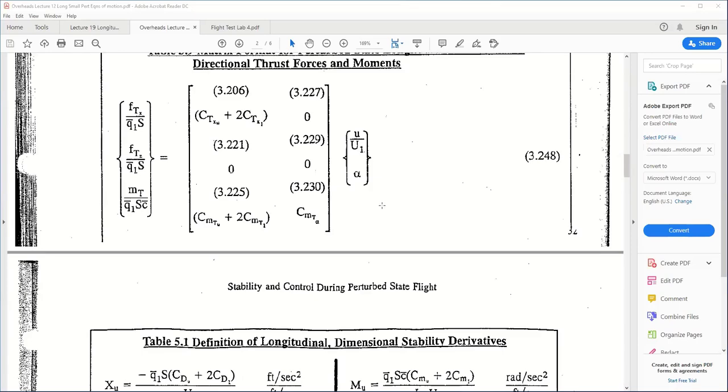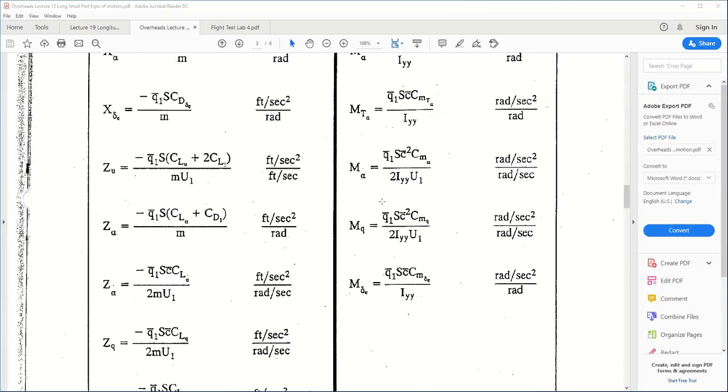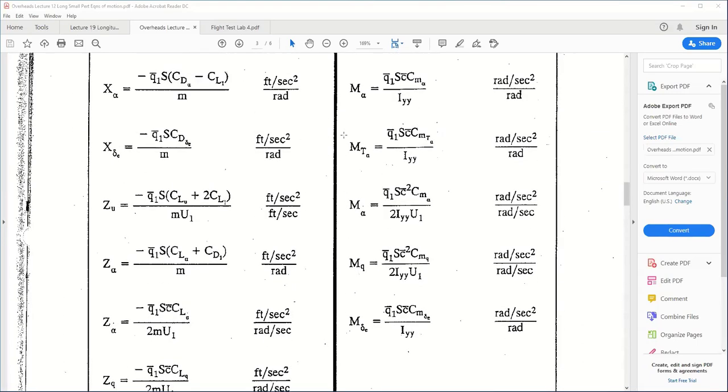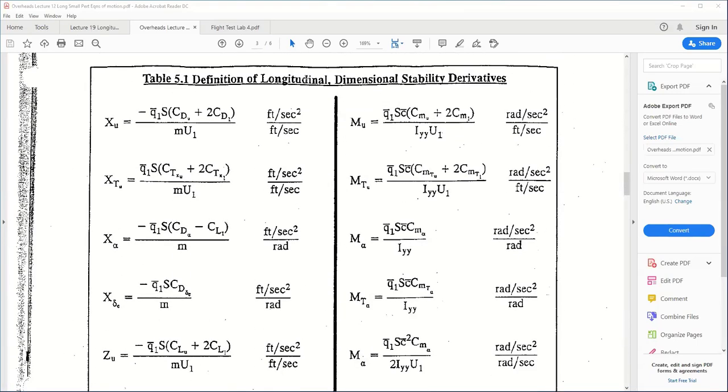And I've copied that in your handout. They are on page 319. And these are the longitudinal dimensional stability derivatives. And they have units. So they're all collected there for your convenience.